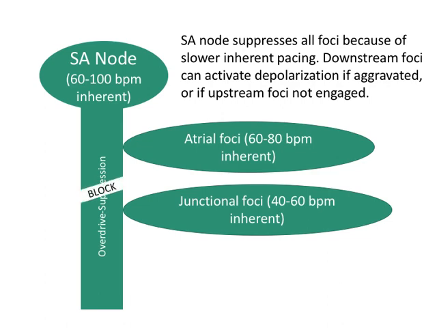So if we move down and there's some delay between the atria and the ventricles, this could be just proximal to the AV node, to the junction. It could be in the AV node, or it might even be just after the AV node.